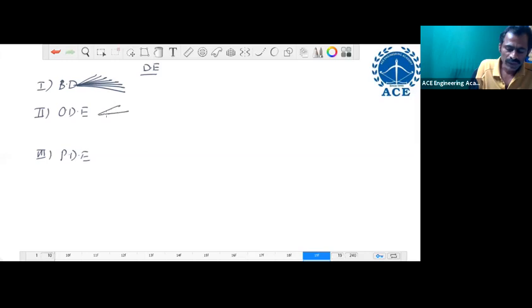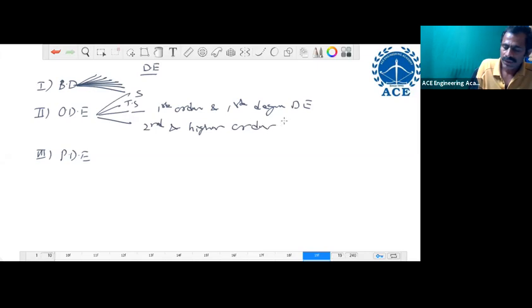In the ODE part, we have seen 4 subtopics: solution, types of solution, first order and first degree differential equations, and second and higher order linear differential equations. From the GATE point of view, the first 2 are important, but for IES I cannot say which is important.